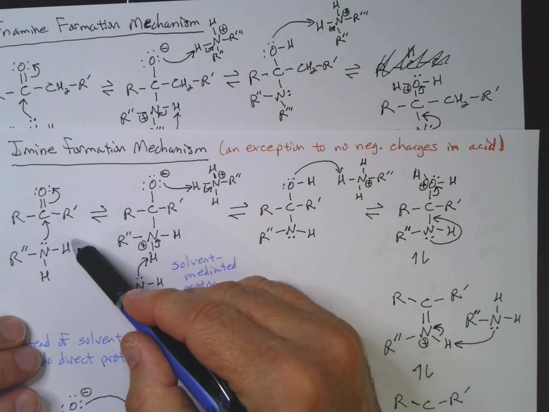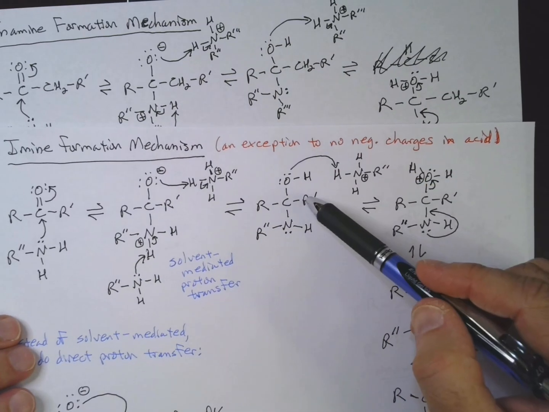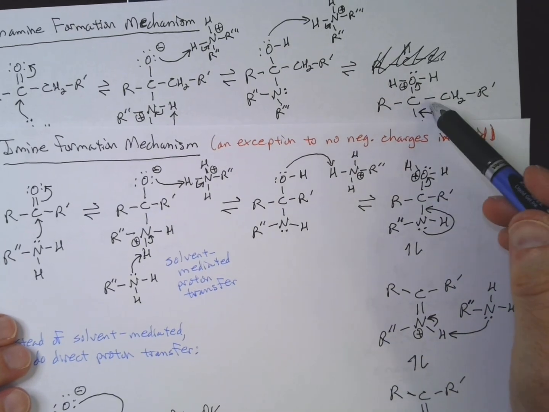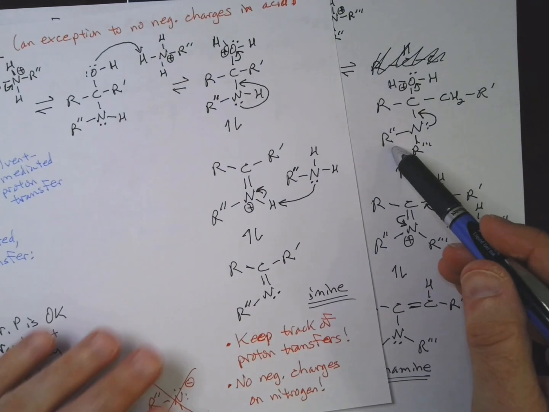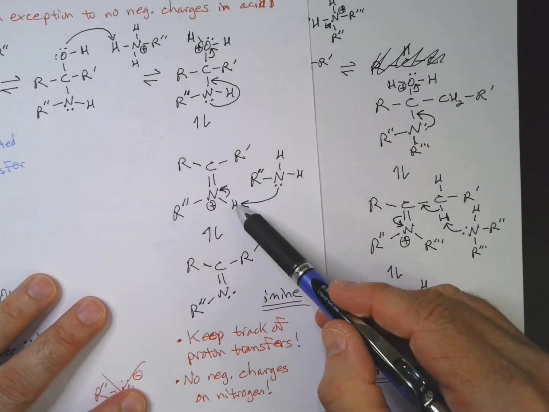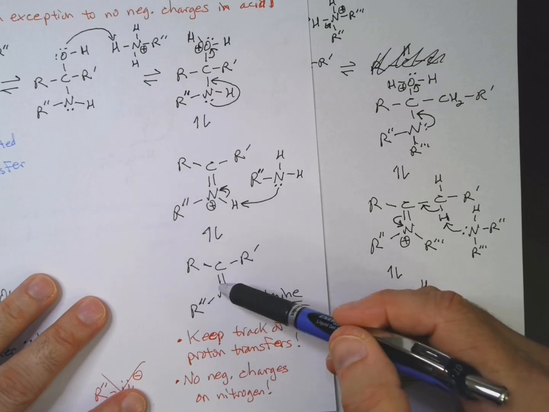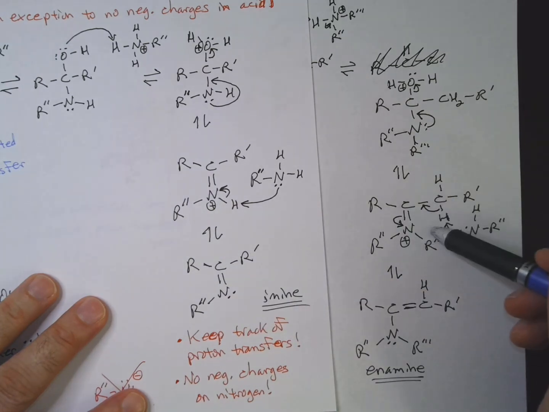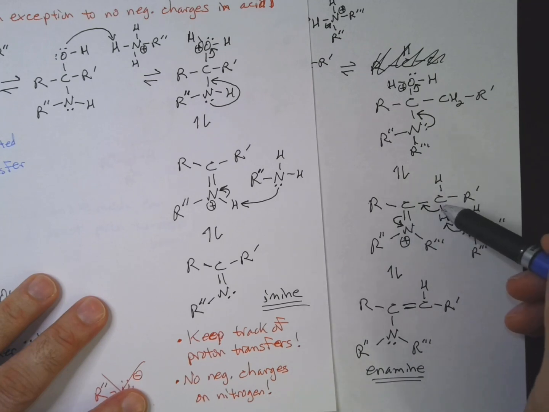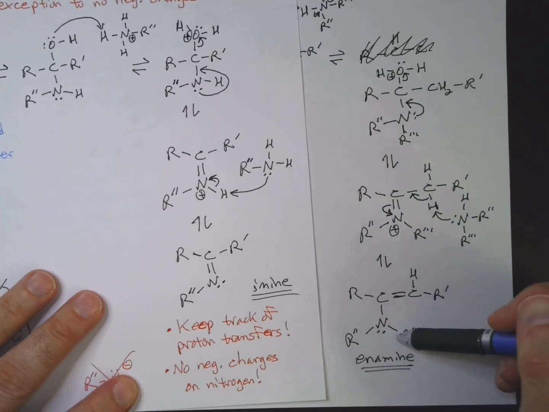We have nucleophilic attack, proton transfer to make a neutral species, additional proton transfer to make a good leaving group. Leaving group leaves, and then we get deprotonation of the nitrogen to make the imine. In the enamine, because we don't have any protons on the nitrogen, it's one of the alpha protons that gets pulled off, and we get the enamine when it's all said and done.